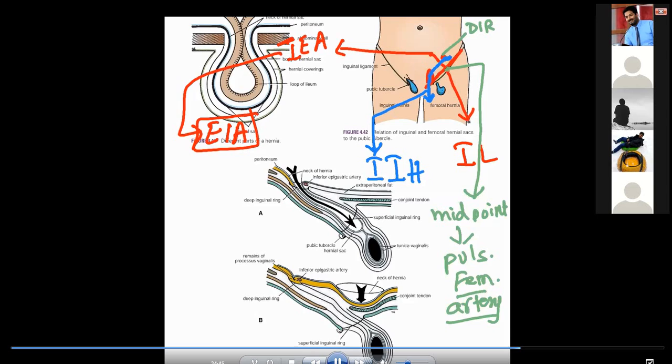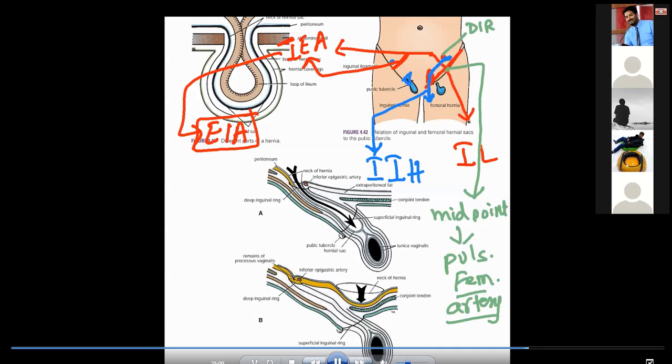Now see here. If the hernia, now I am drawing here another diagram. This is your superficial inguinal ring. This is your deep inguinal ring. Now, this is your which vessels? Inferior epigastric arteries or vessels, right? Now see here.